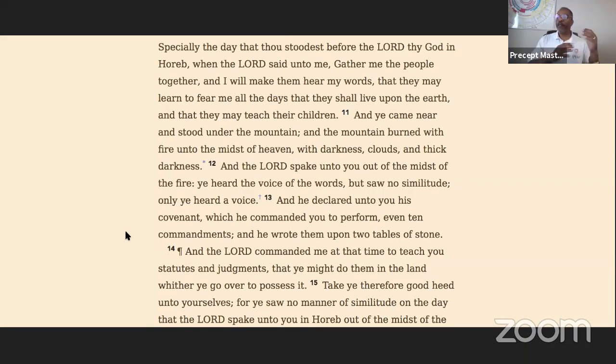So he promised unto his covenant, which he commanded you to perform, even the 10 Commandments. You obey my voice, but also this too. You've got these 10 Commandments, which are actually broken down into 2.